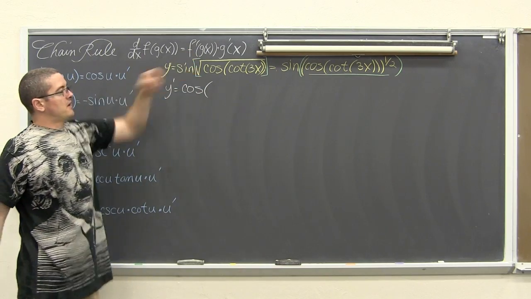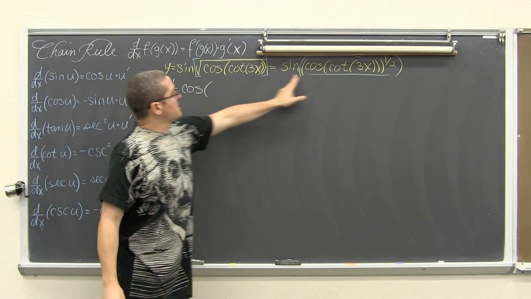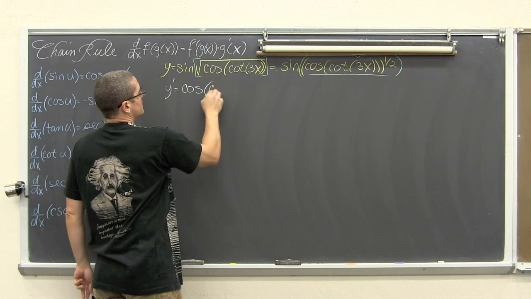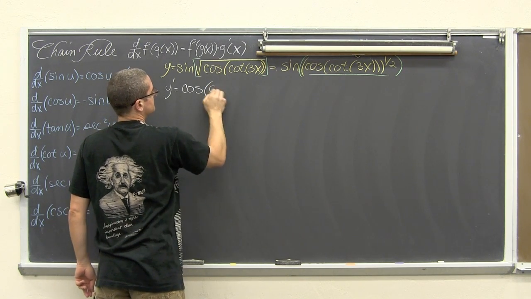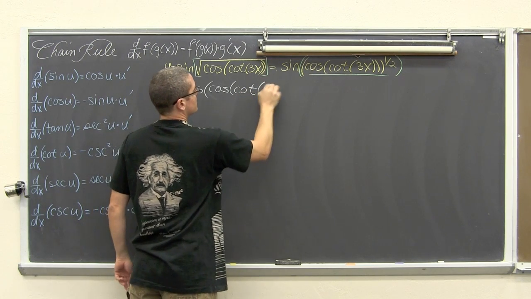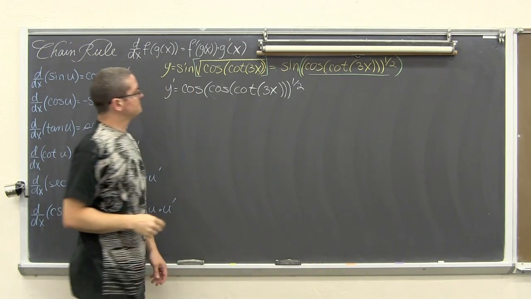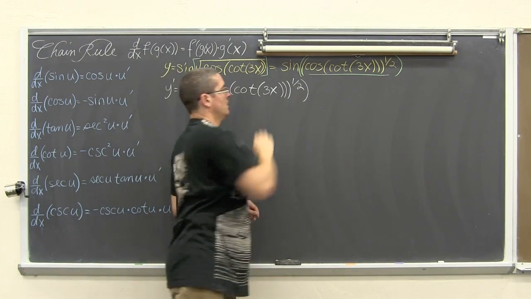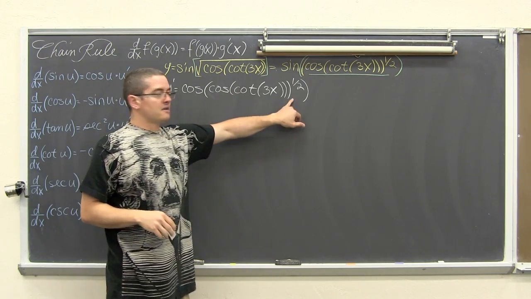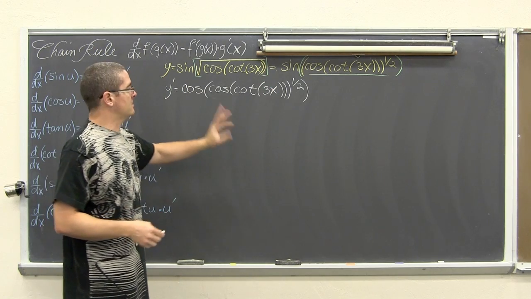Now I'm doing the outside function, and there are many inside functions, so it's going to be the cosine of all this: cosine of the square root of cosine of cotangent of 3x, to the 1/2 power. That's the derivative of the outside function. Now I have to take the derivative of the inside function. I'm not going to try to do that all in my head because there are too many steps.